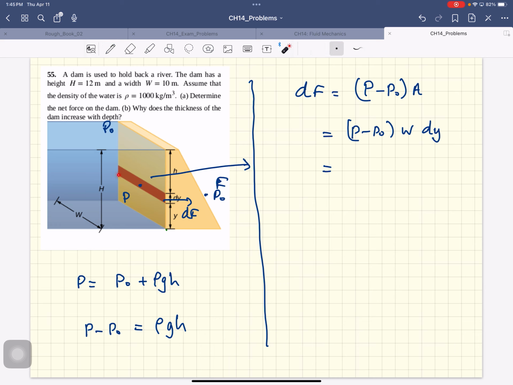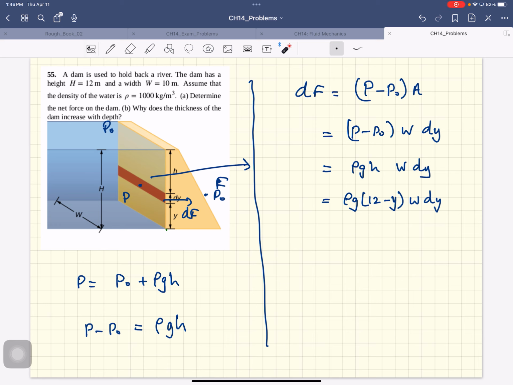So the force on this strip, dF, is P minus P naught, which is rho g h, times the width times dy. And what is h? h is 12 meters minus y. Okay. So that is that force.